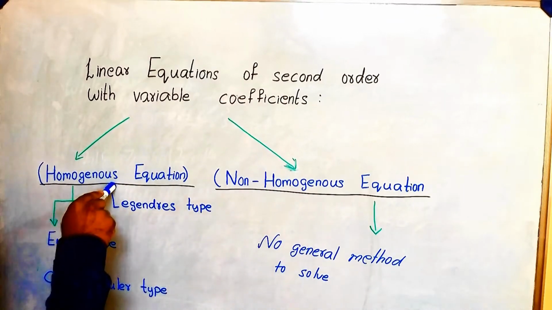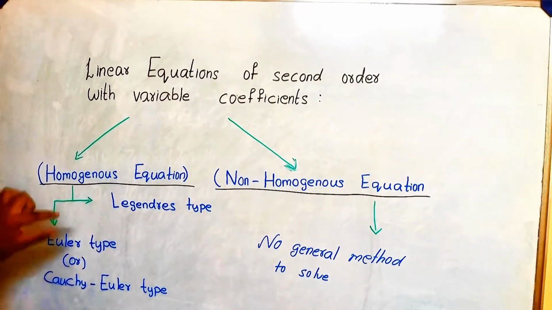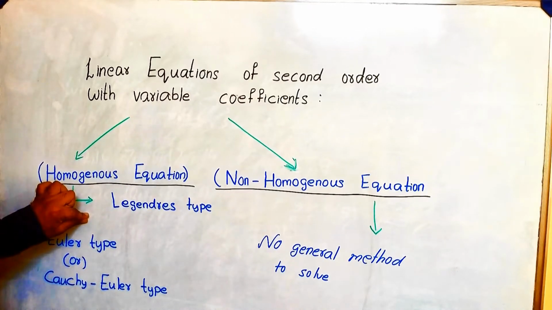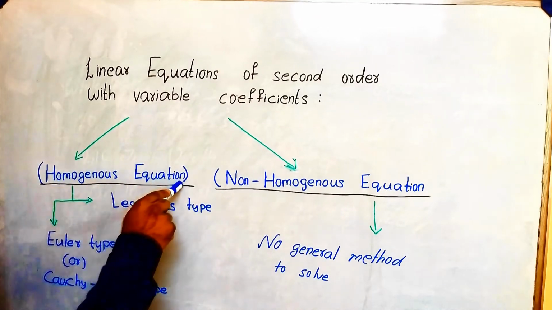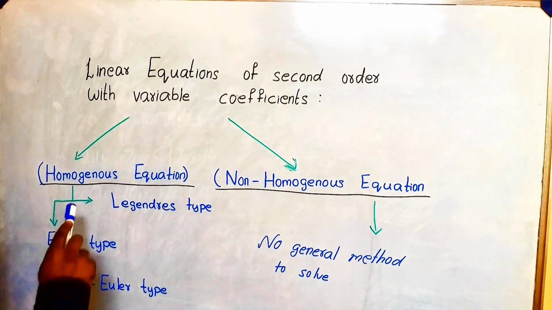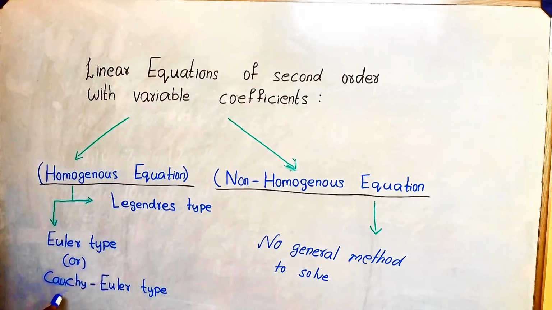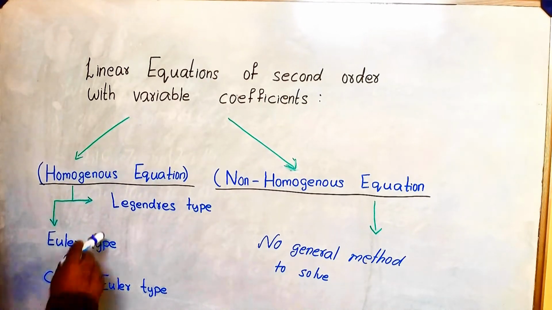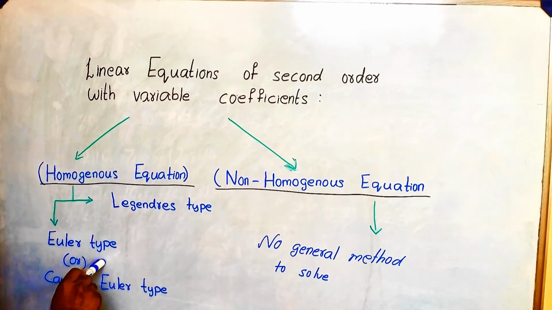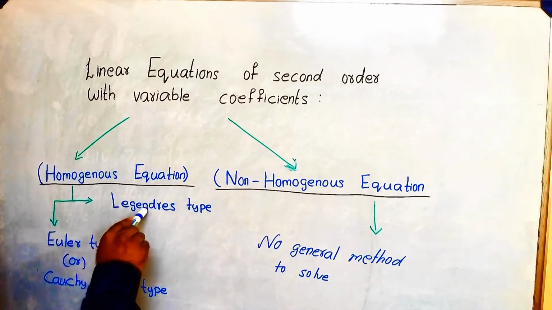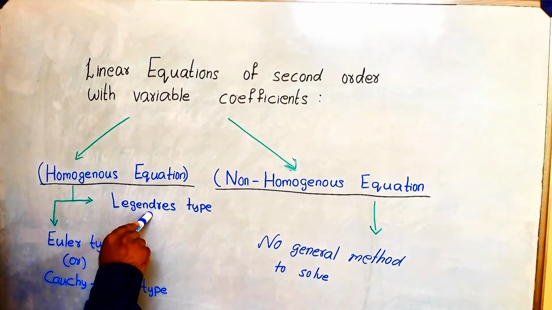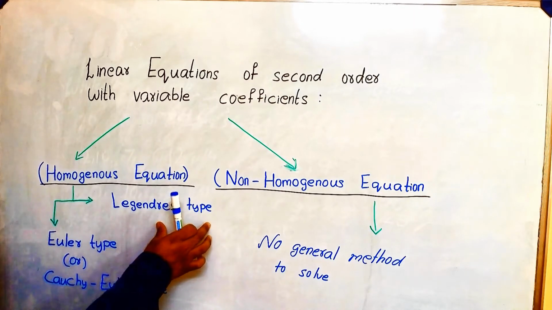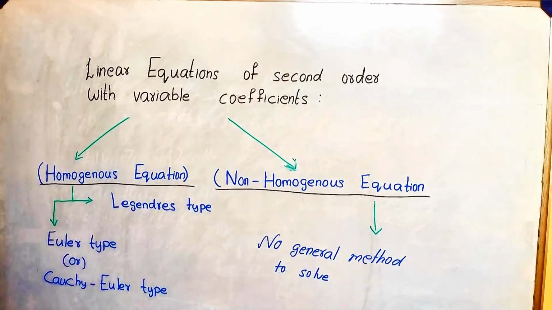For the homogeneous equation, we have two methods to solve it. The first method is Euler type or Cauchy's Euler type. This method we are going to see as the primary section, and the second method is Legendre's type. So this is the second method to solve the homogeneous equation.